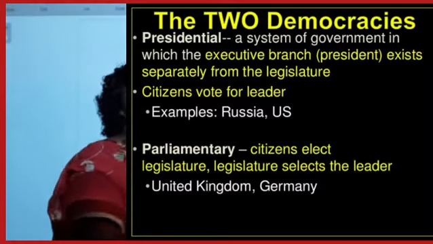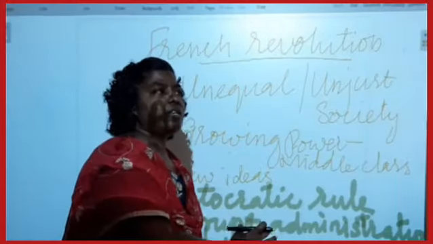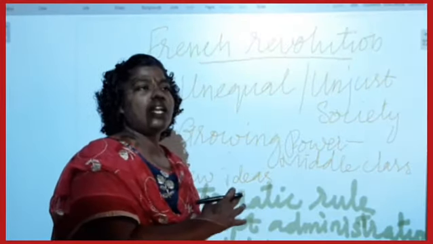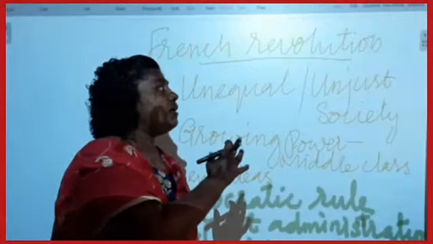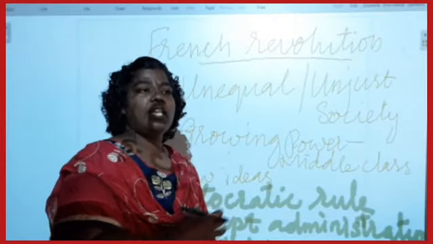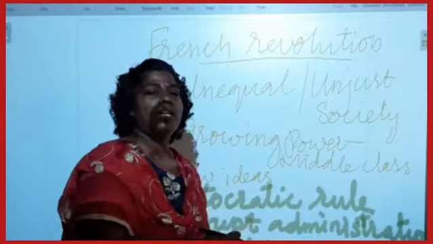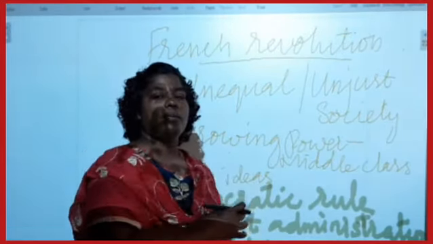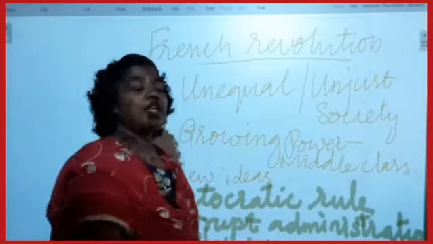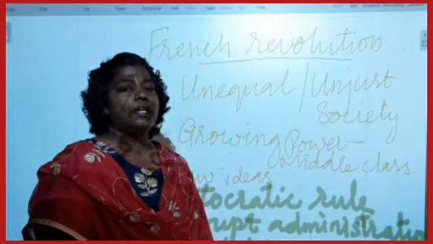These generals already had the experience of participating in the American War of Independence. That gave the knowledge and the ideas to the French people to fight against the government. These are the different reasons for the French Revolution.